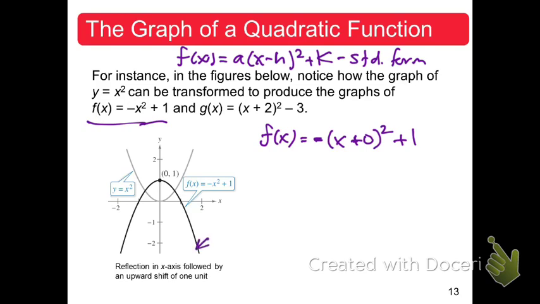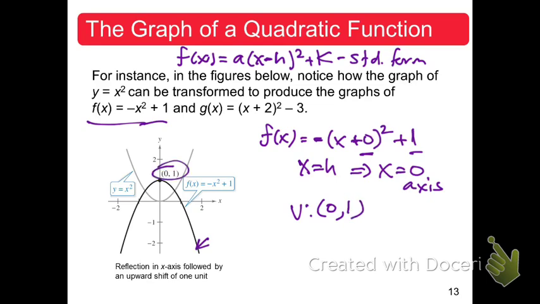Okay, and then if I look at my h value, x is equal to h implies that x is equal to 0 is my axis. Now, if I want to find my vertex, I just look at the h value and the k value. Keep in mind this is minus h, and so this is plus 0. It doesn't matter. So I have 0 plus k, so we just take this value 1, which verifies here that I have a vertex of 0, 1.